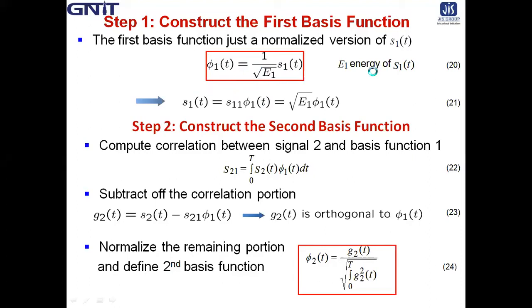Then we can say that s1(t) is equal to s11 into phi 1(t). This comes from the geometric representation of the signals, and s1(t) is equal to root over E1 into phi 1(t).